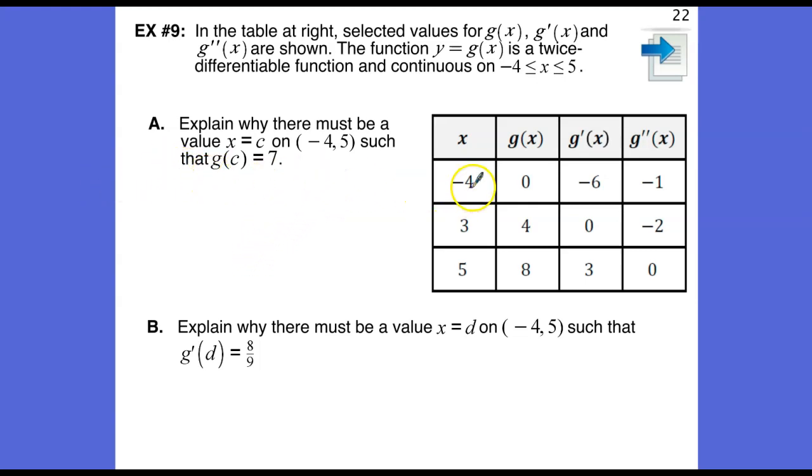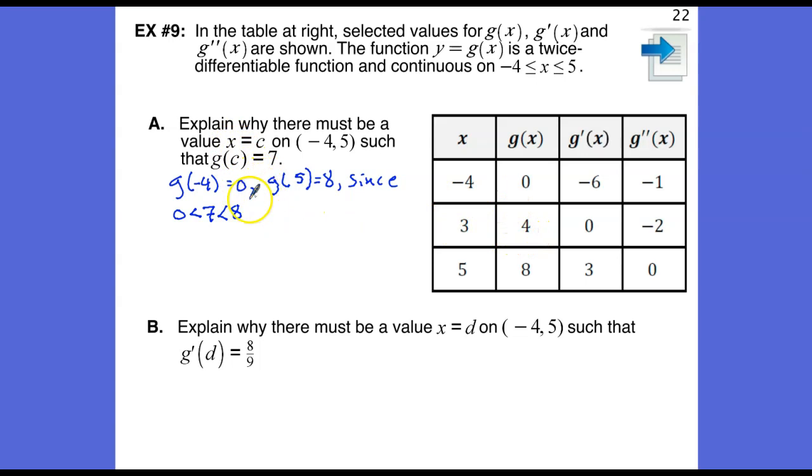All right, so here is the argument we're going to make. What is g of -4? Well, that's 0. So g of -4 equals 0. And g of 5 equals 8. Since 0 is less than 7 is less than 8, since 7 is between 0 and 8, and since g is a continuous function, there has to be a value x equals c for which g of c is equal to 7.